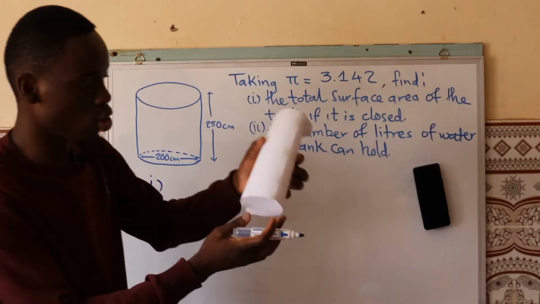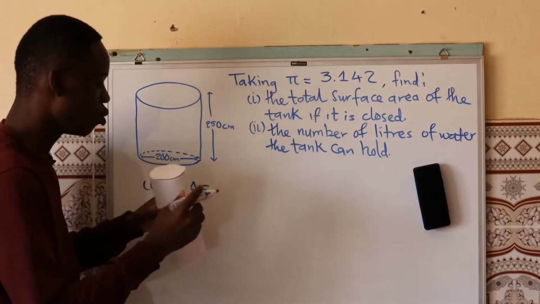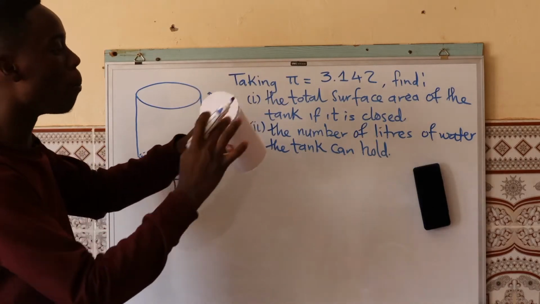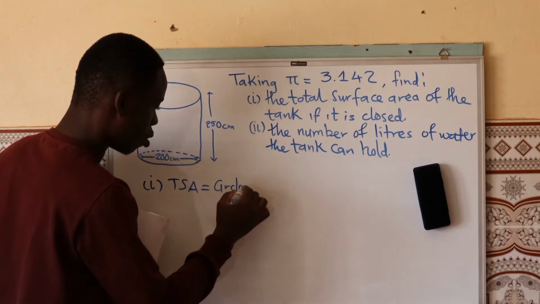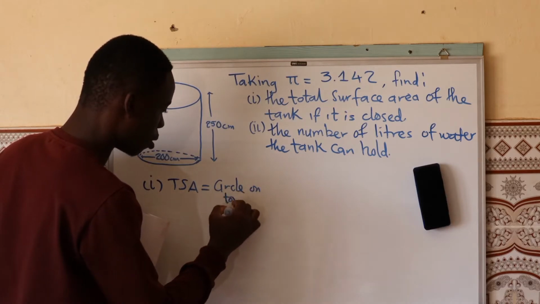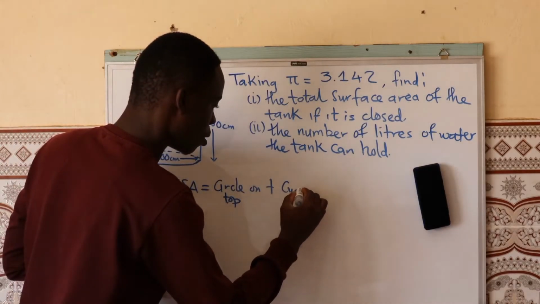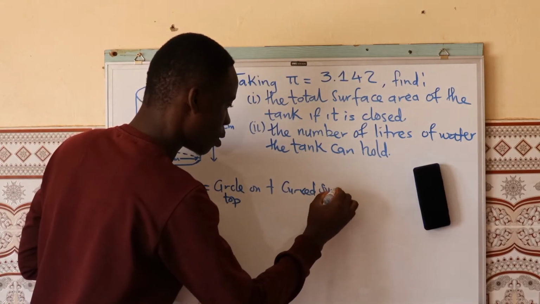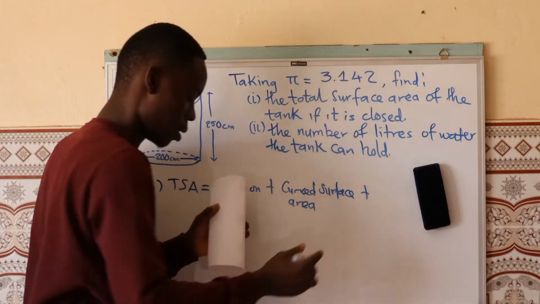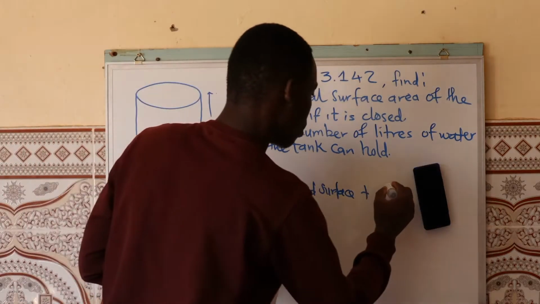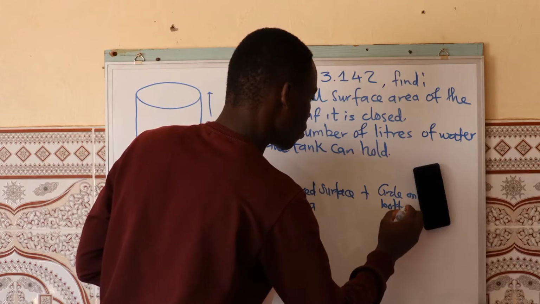We'll say total surface area is equal to the circle on the top part, plus the curved surface area, plus the circle on the bottom.